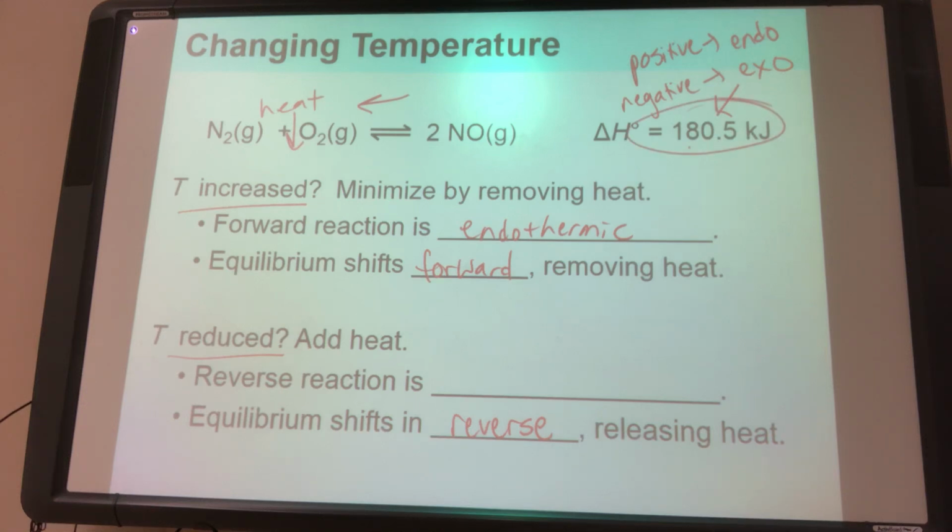So if this is endothermic, the reverse reaction is exothermic. So what I want you to do is just think about where heat goes, is it a reactant or a product based on this guy, and then add or subtract it like we did if it were just a reactant concentration.